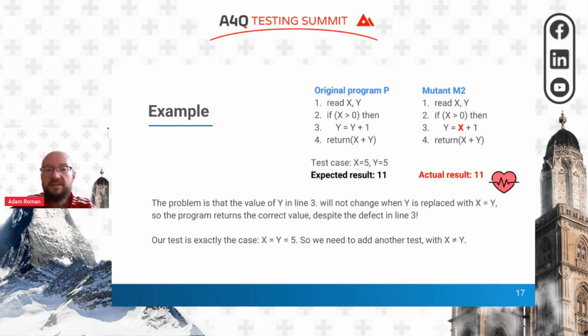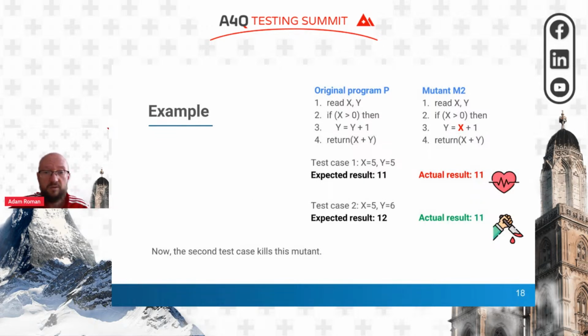We noticed that for this particular situation, we should add a test with x not equal to y, and we don't have such a test case in our test suite. So we are somehow forced to add a second test case, let's say x equals 5, y equals 6.